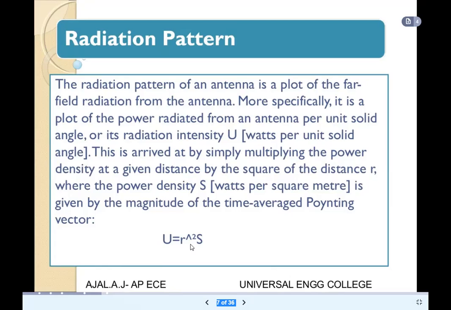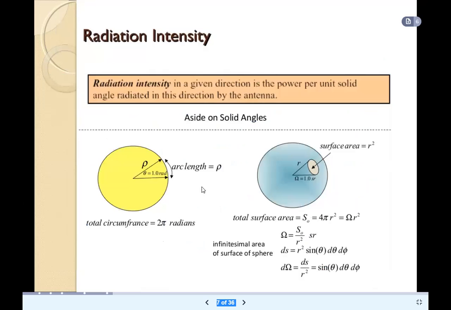R is the distance from the antenna, and the power density is denoted as S. So it is obtained by taking the multiplication of power density S and the square of the distance R squared. This is nothing but the radiation pattern.